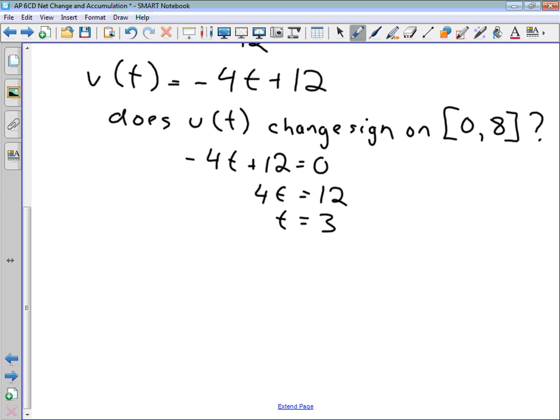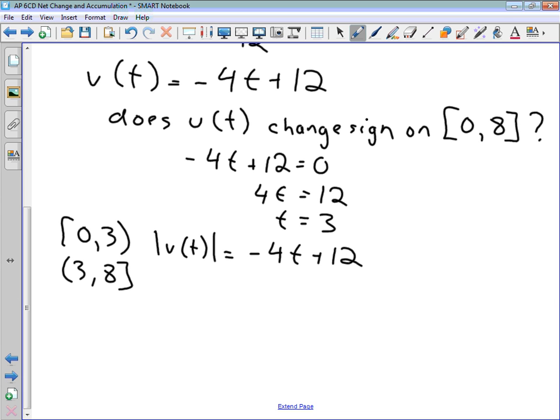So we've got two intervals here. Let's see. We've got the interval from 0 to 3. Okay. And then we've got the interval from 3 to 8. Okay. And on this interval from 0 to 3, we want the absolute value of v at t, because we want the distance traveled. It starts off being positive.